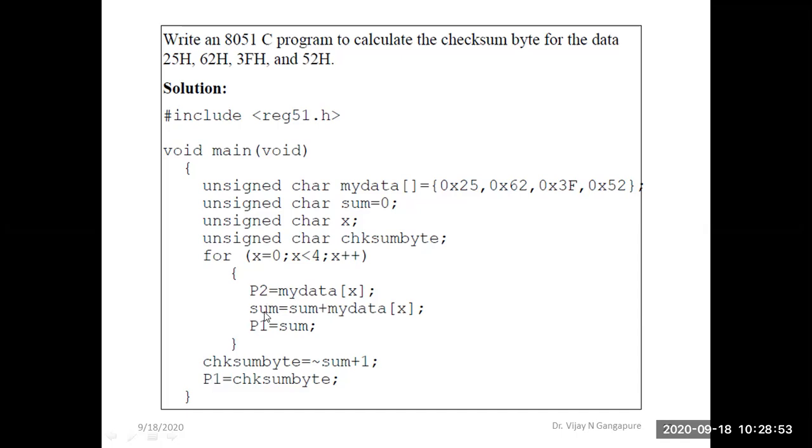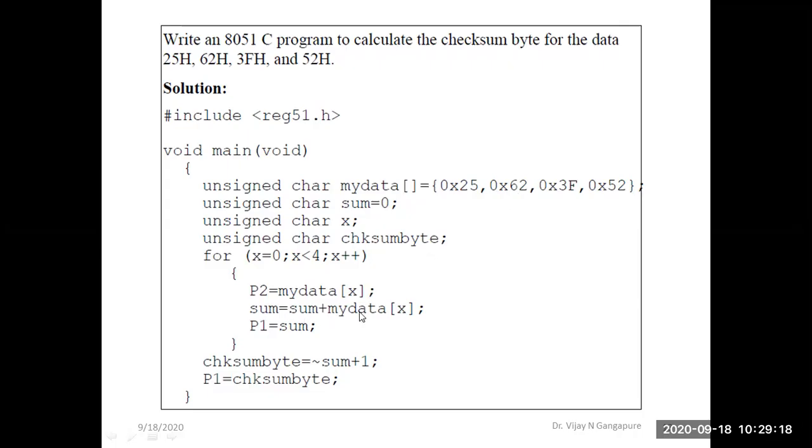Then sum = sum + mydata[1]; Now what is in sum? In sum there is 0x25. To that I am adding mydata[x], and x now has value 1, so mydata[1] is pointing to the second element in this array, that is 0x62.